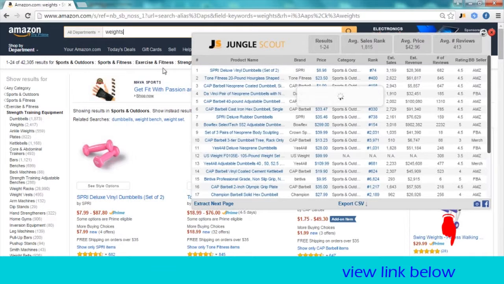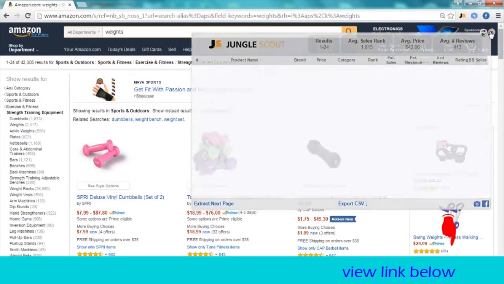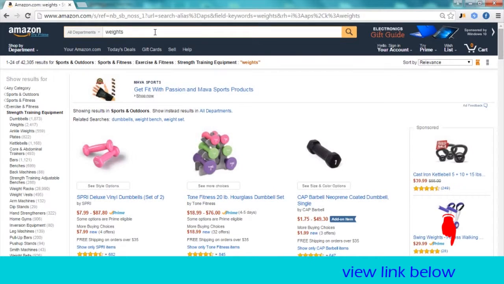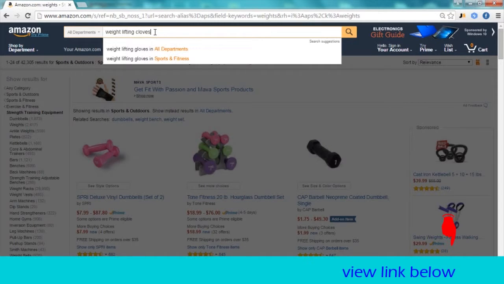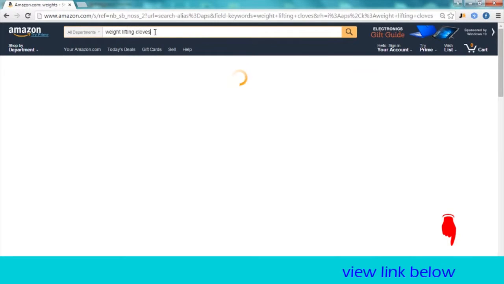So I'll show you examples. Let's just go more niched, as in something a bit more specific. So we'll say weightlifting gloves, say. Okay, so we've got weightlifting gloves.